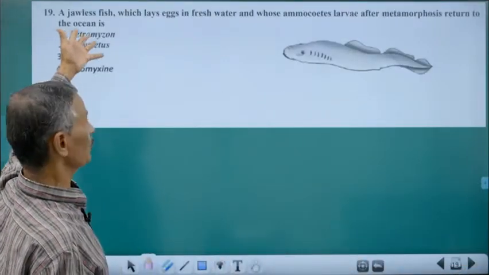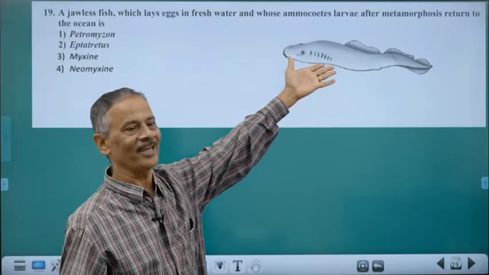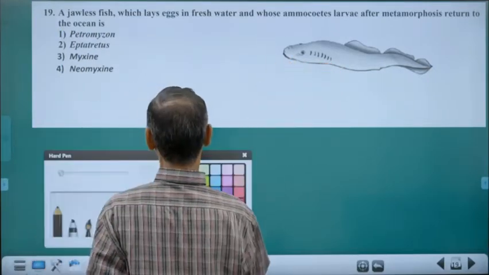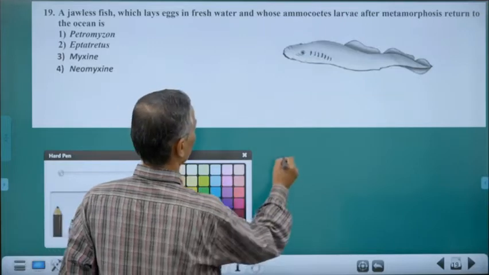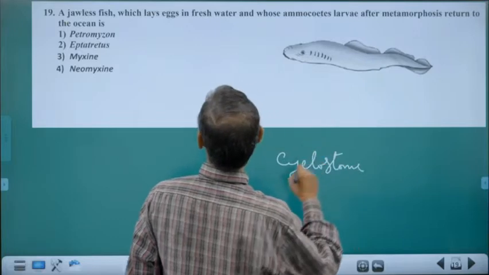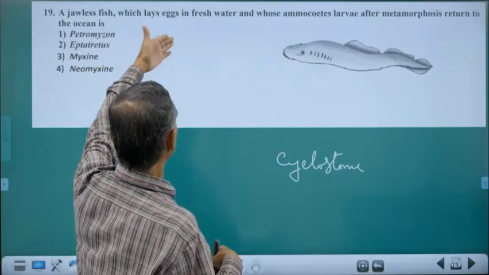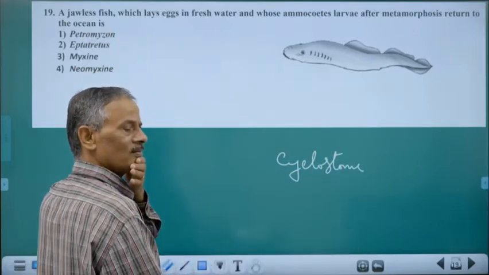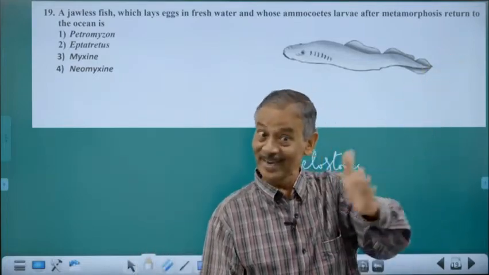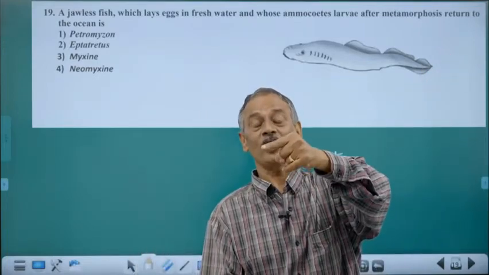A jawless fish, diagram is there. It is a cyclostome. Which lays eggs in fresh water. It shows a peculiar habit of migrating from sea to fresh water for spawning.